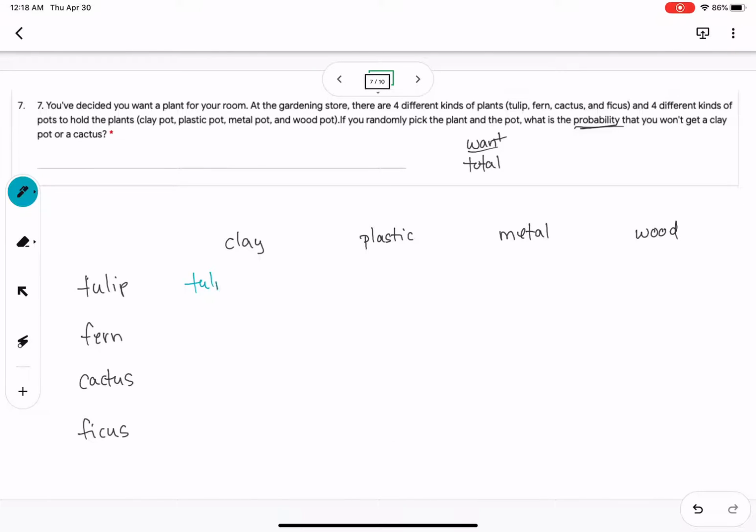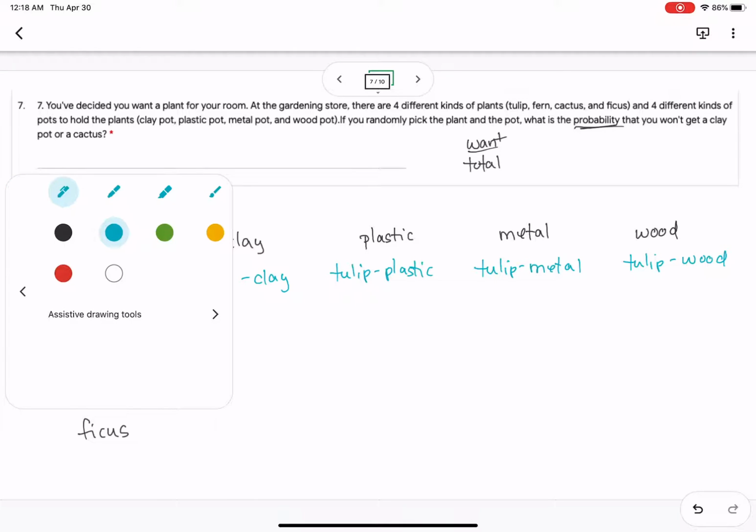So tulip, clay. We can end up with a tulip in a plastic pot. Tulip in a metal pot. Or tulip in a wood pot. Okay, those are all our options for tulips.